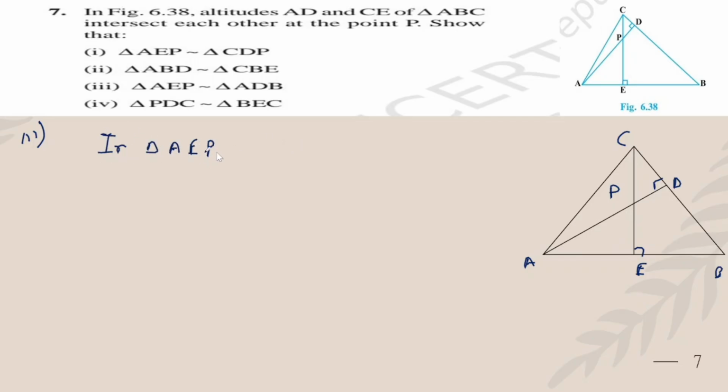Condition number 1: in AEP this is 90 degrees, and in ADB this is 90 degrees. So we can write angle AEP equals angle ADB, each 90 degrees.